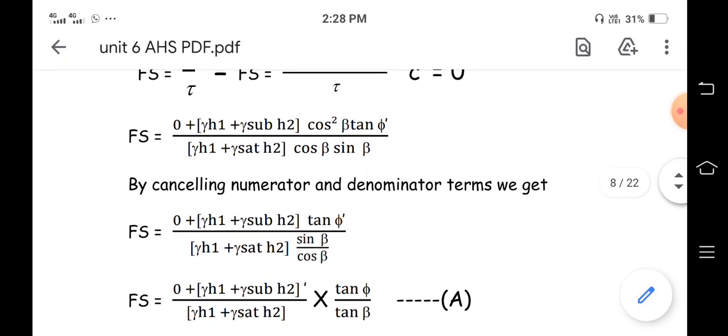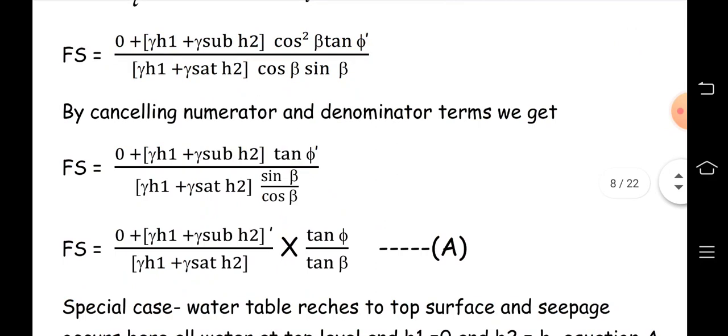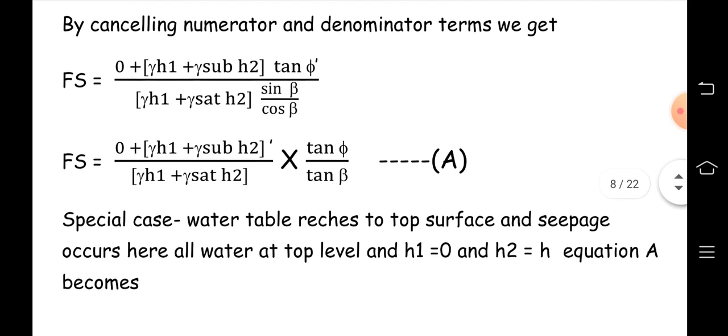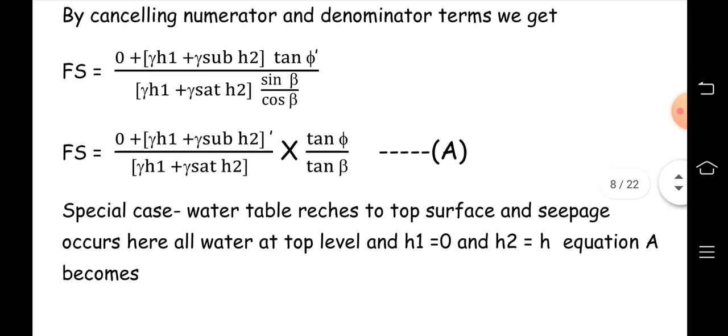That is gamma H1 plus gamma submerged H2 upon gamma H1 plus gamma saturated H2, into tan of phi upon tan of beta. Let us call this equation number A.